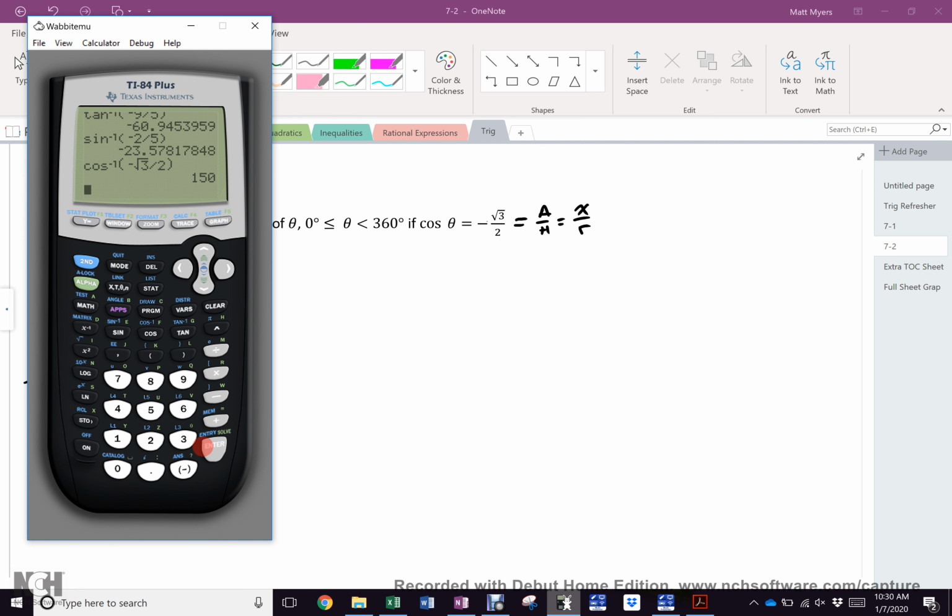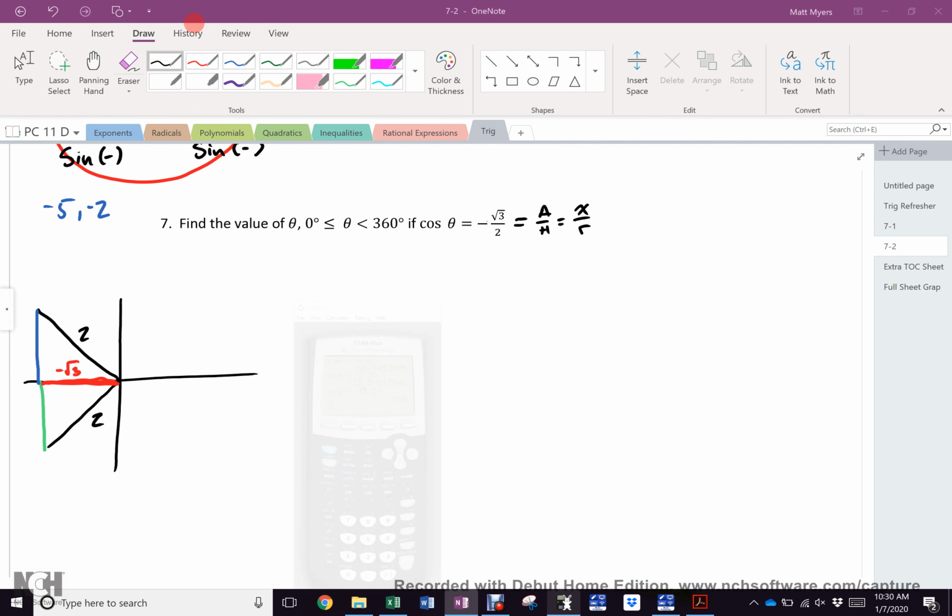And what do I get? That seems weird, doesn't it? Why is my calculator giving me the actual value? It's always given me stuff between 0 and 90 up till now, hasn't it? So it's given me 150 now. Okay, so it's giving me 150.